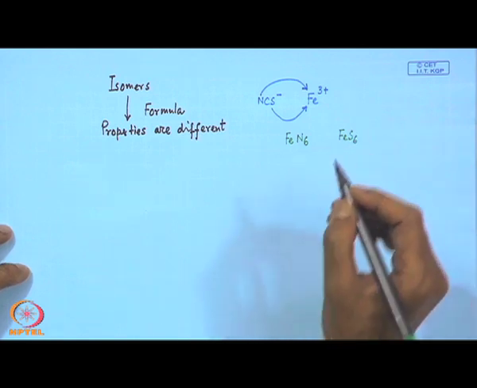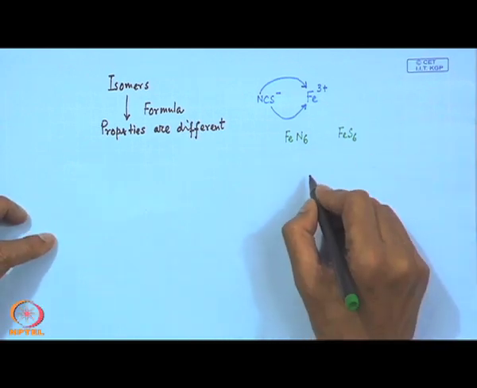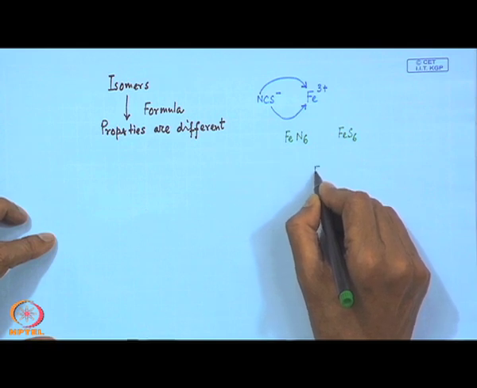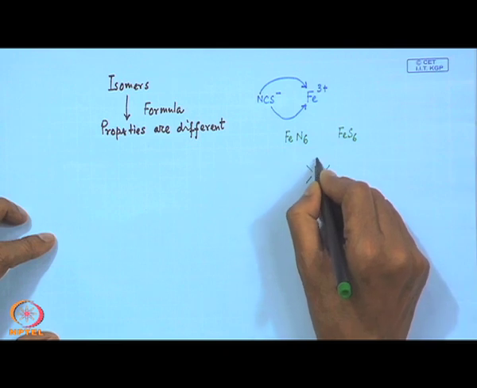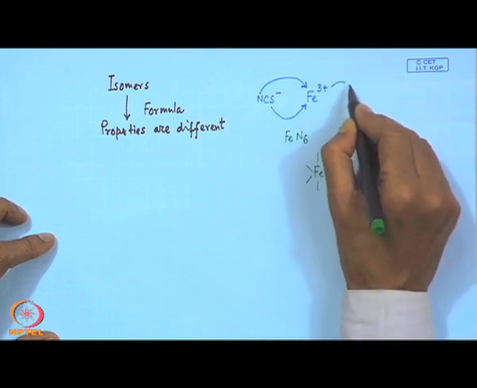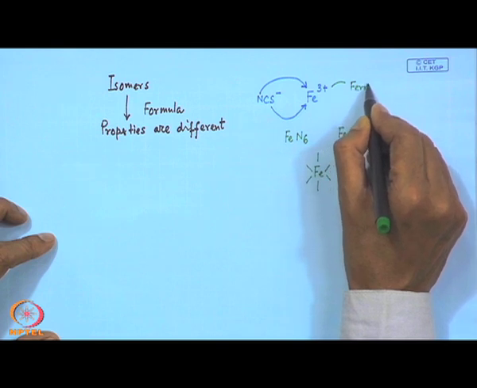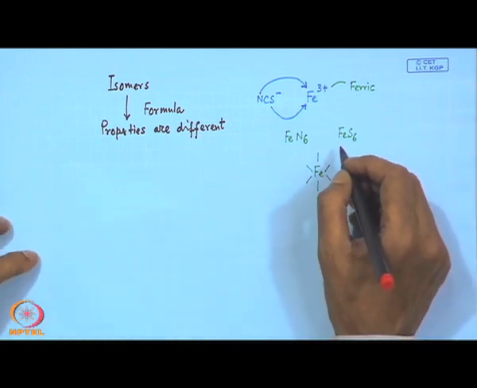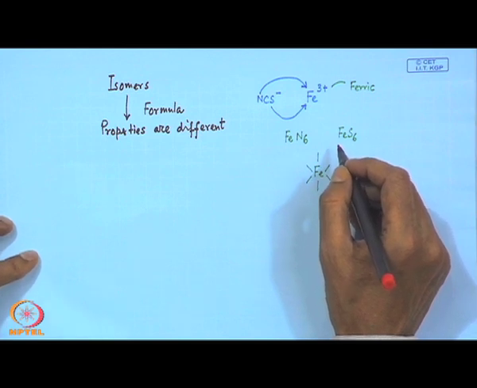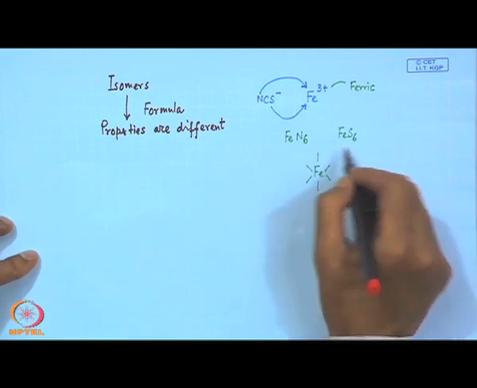So, this is a very different type of environment compared to what we all know for any ferric center, this is the ferric ion, the trivalent state. The ferric site has strong affinity to bind to the thiocyanate anion, and it will also have some preference for nitrogen coordination against sulfur coordination.